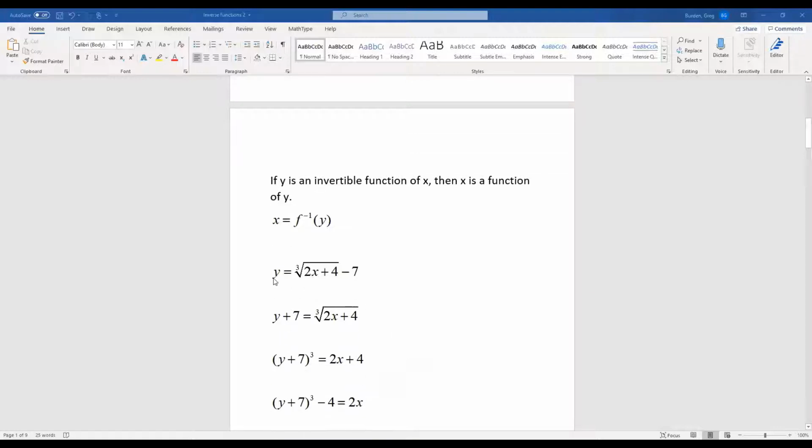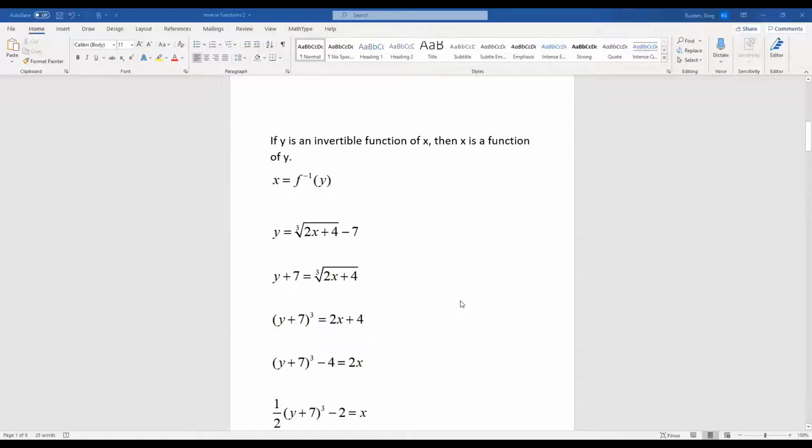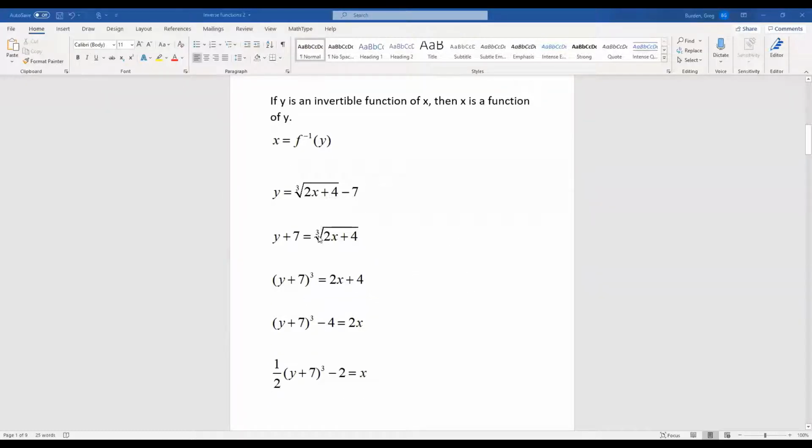So if I wanted to take this equation, y equals the cube root of the quantity 2x plus 4, that minus 7, and solve that for x in terms of y, instead of the way it's given originally as y in terms of x, well, we just undo those 4 simple operations that I was talking about earlier. Start by adding 7, then cube both sides of the equation to eliminate the cube root. So now we have the cube of the quantity y plus 7 is 2x plus 4.